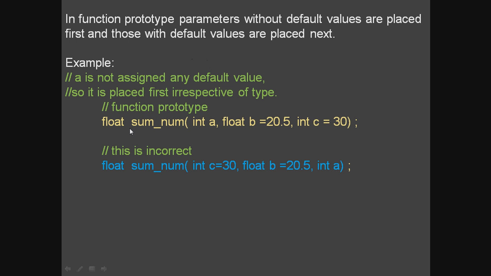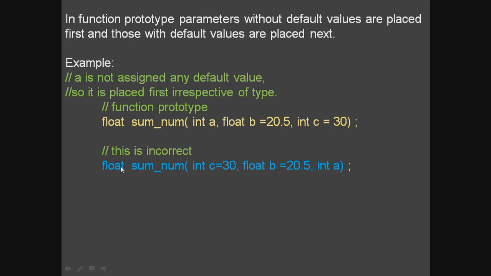Here you can see that in the function prototype from the earlier page, a is not assigned any default value, right? So it is placed first irrespective of the data type, and whichever variables are assigned a value will be placed next and next.